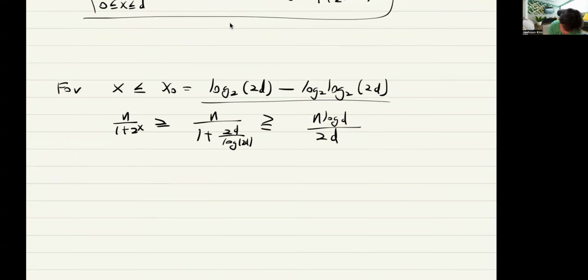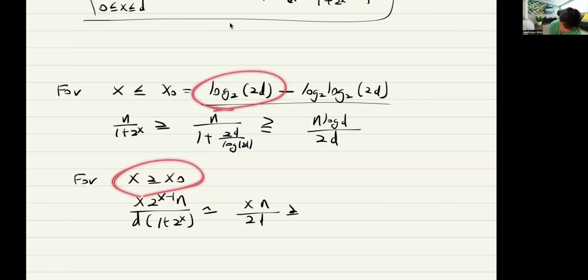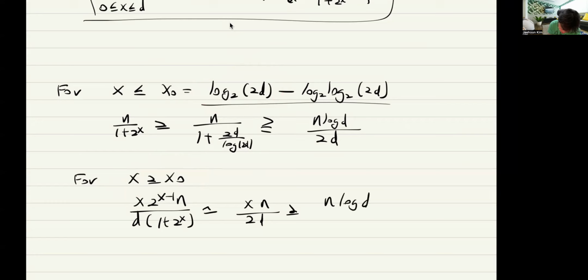And for x bigger than this x0, the second term gets bigger. What do you get? X times 2 to the x minus 1 n over d times 1 plus 2 to the x is roughly 2d xn, and x is bigger than that, so this is bigger than n log d over 2d.